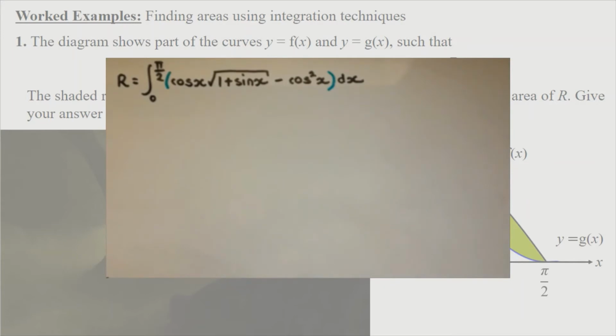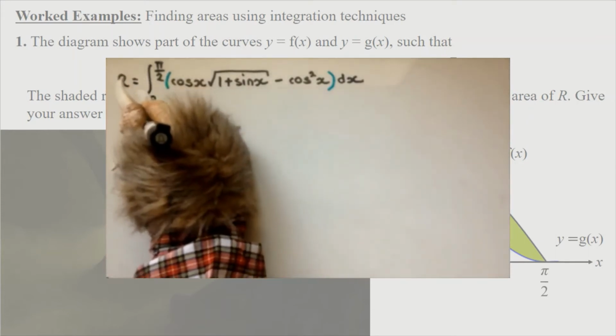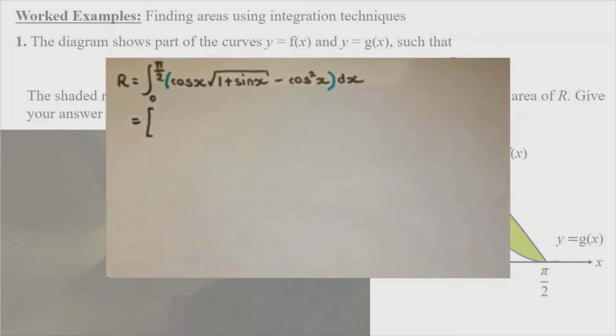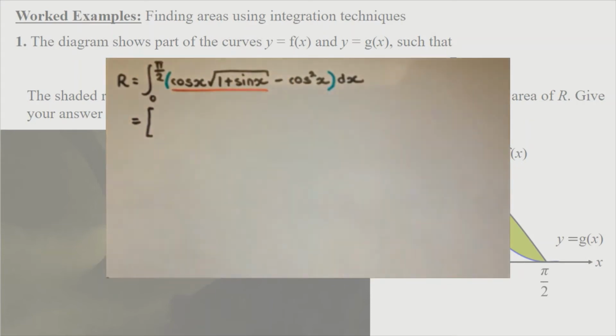So now we can apply the results that we found in the preparation task and evaluate this definite integral. So this is going to equal, let's open a big square bracket because the integration has been done. Now for the first integral, if you remember from the previous video, the integral of that, well, let's write it in.